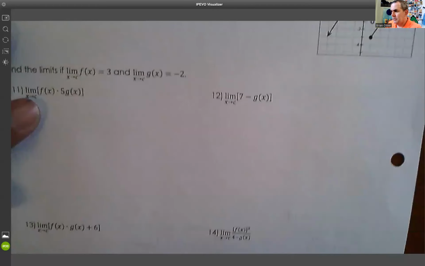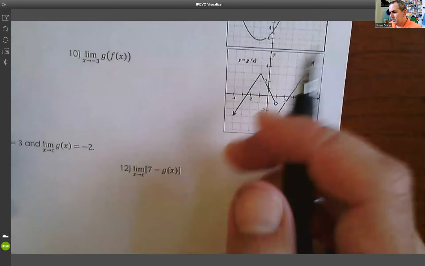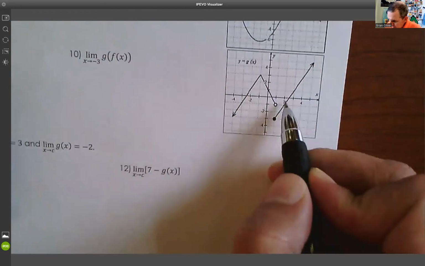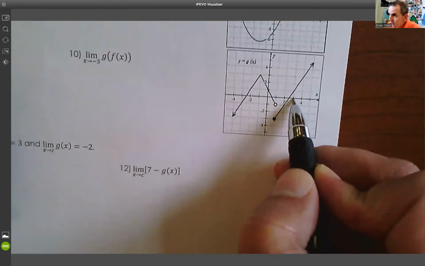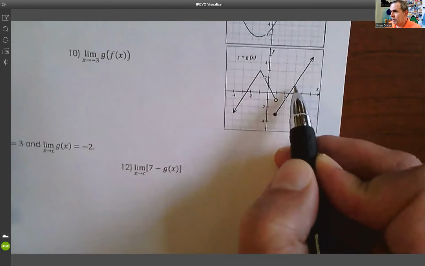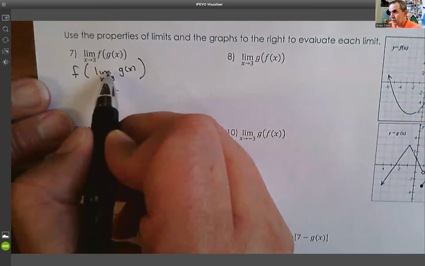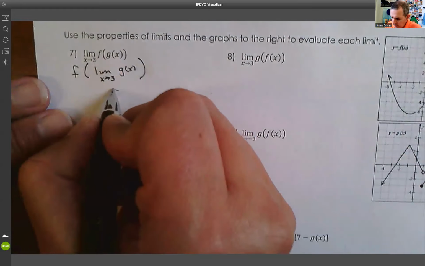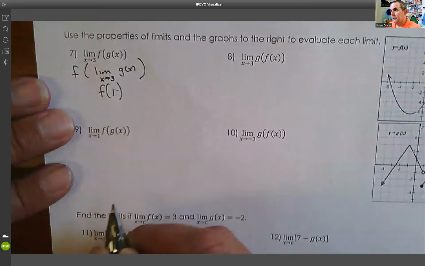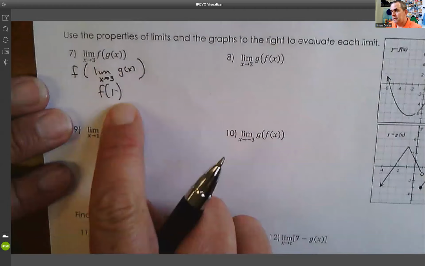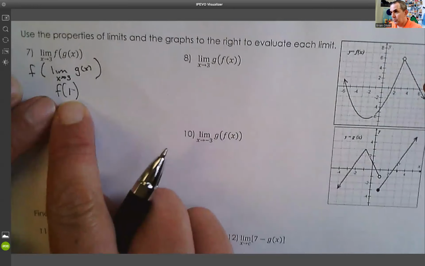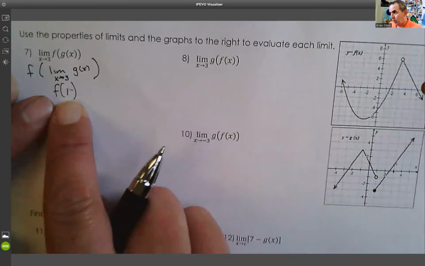So let's go over here and look on the g of x function as x approaches 3. 3 is right here. I'm going to find out that this limit is actually 1. So what that tells me is I'm going to replace this whole thing in here with a 1, and this is going to become f of 1. So now what I'm going to do is use this. There's no limit anymore. The limit's kind of been absorbed.